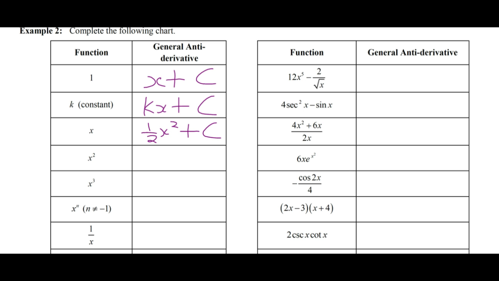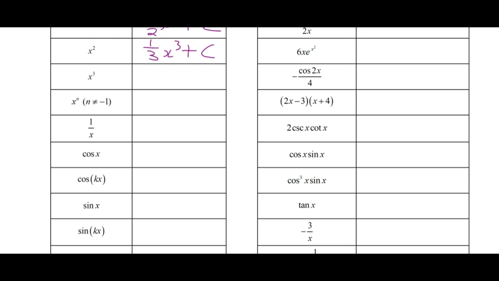So we have to get rid of that 3, and we'll do 1/3 x cubed. And for x cubed, it's 1/4 x to the 4th plus c.